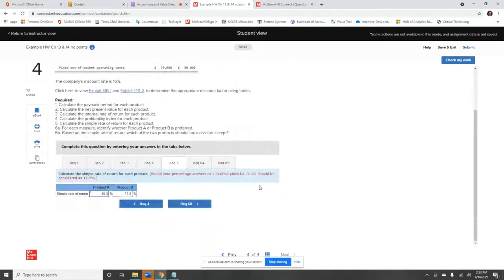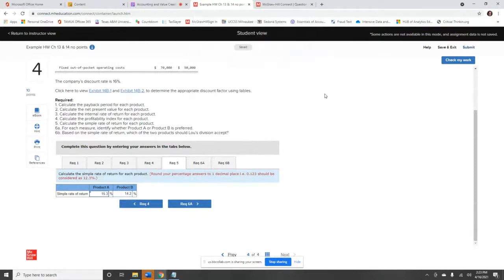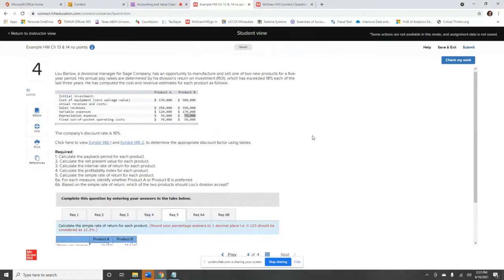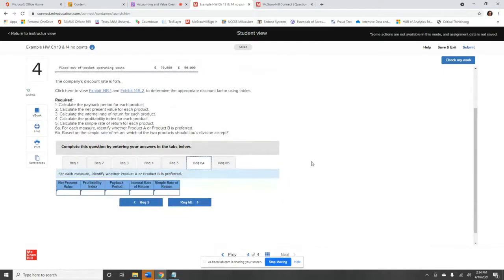Well, when people compare numbers, they're comparing numbers based off the income statement. The income statement does take out depreciation expense. So if you want to see what your return will look like in terms of bottom line net income, well, not really quite bottom line, but operating income, you could do a simple rate of return.